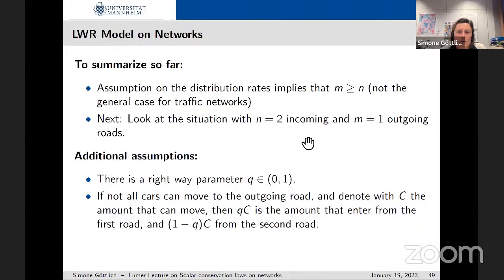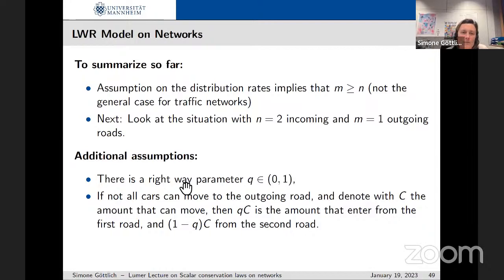Of course, we should also look at the opposite. What happens for 2 incoming and 1 outgoing road? How can we solve the maximization problem there? This is done by thinking of a right of way parameter, another kind of parameter, which is not the same as the alphas we have used for the distribution.